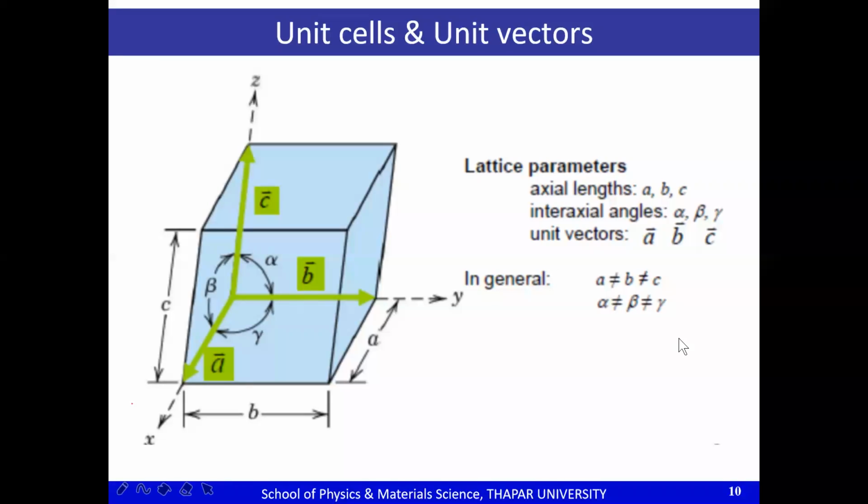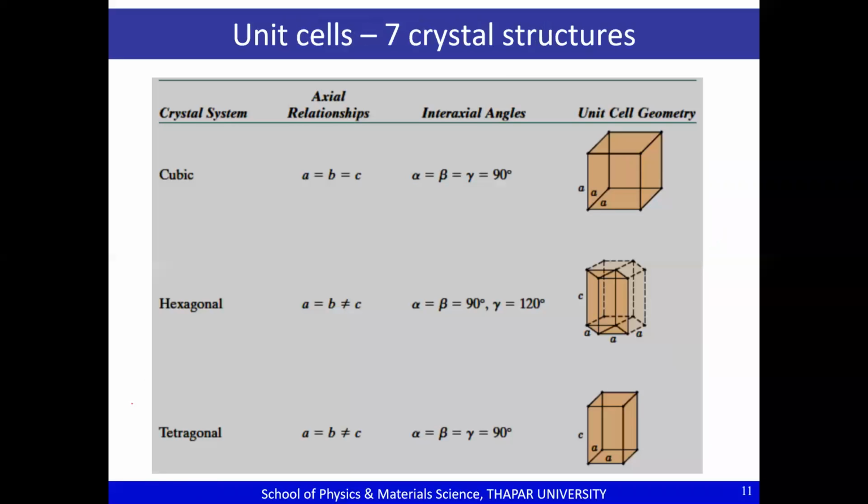Based on the allowed possible values of these 6 lattice parameters, we have 7 different crystal systems with which you can maintain the periodicity of the lattice in 3 dimensions.